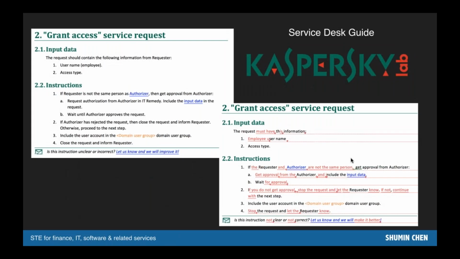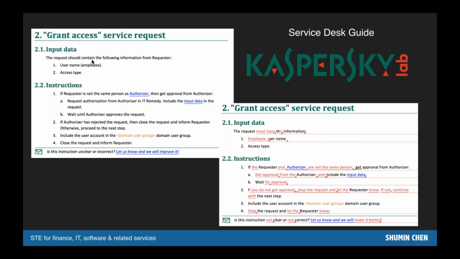So again, you see that the wording in STE is always quite clear. The request must have this information. If you say should, then it could be perceived or construed as a moral obligation, but you don't necessarily have to comply.